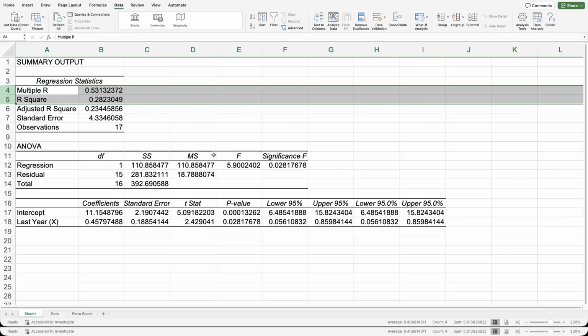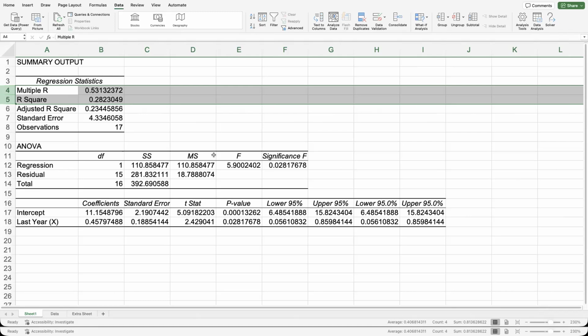Those two numbers. Take the first one and square it. What do you get? The second one. That means that first number is our correlation coefficient, and that second number is our coefficient of determination.